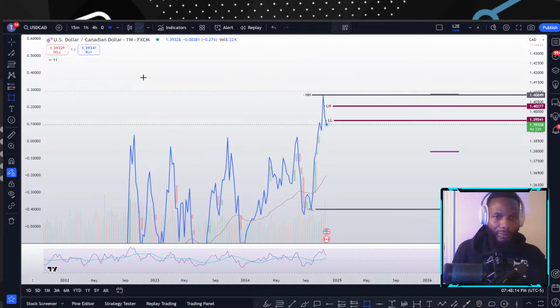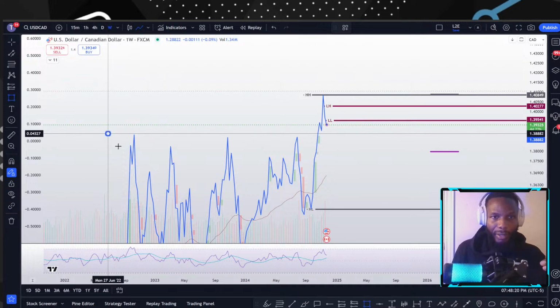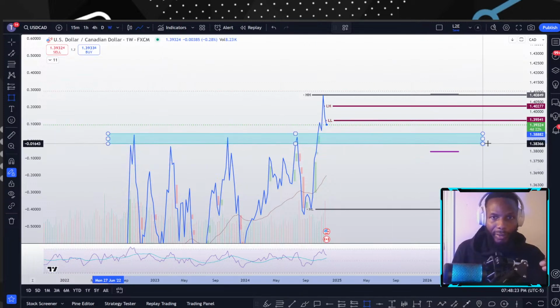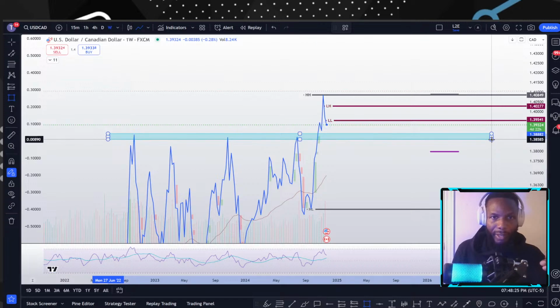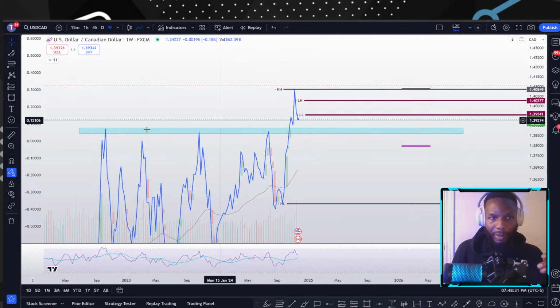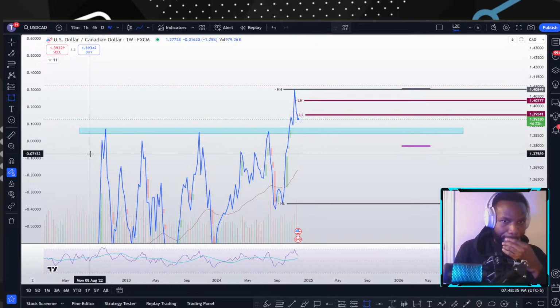So right away off the bat, I like this area right here because we've had multiple touches right here. So I like this area, and then I also like, I'm looking for areas where I can get like 3 touches.